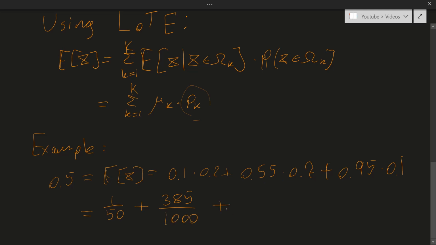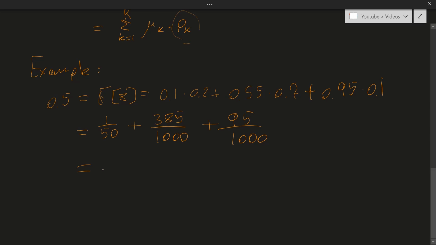And then if we want this to have the same denominator, we can write that as 95 over 1,000. So this will be 20 plus 385 plus 50 divided by 1,000, which is exactly 500 divided by 1,000, and this gives 0.5.